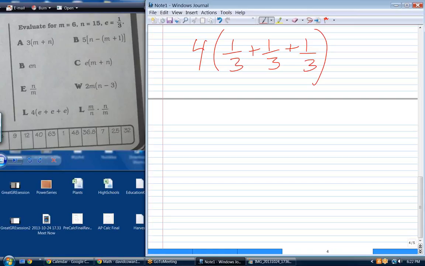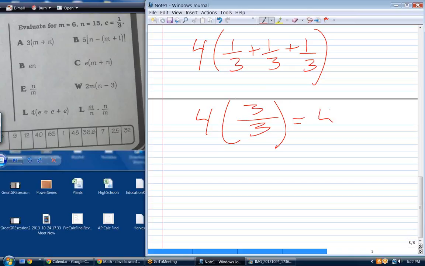Well, hold on. What's 1/3 plus 1/3 plus 1/3? Forget the 4. Let's remember we're doing PEMDAS, so we have to add what's in the parentheses first. So it'd just be 1 plus 1 plus 1 over 3. Okay, what is that? 3 over 3. Okay, what is that? 3. 3 over 3 is 3? No, 3 over 3 is 1. Okay, so now it's 4 times 1, which is 4. Exactly.